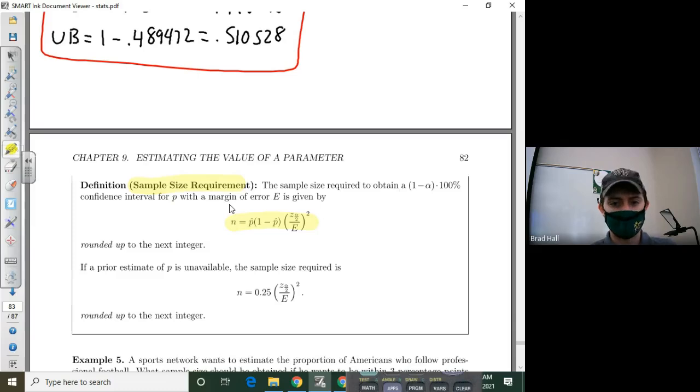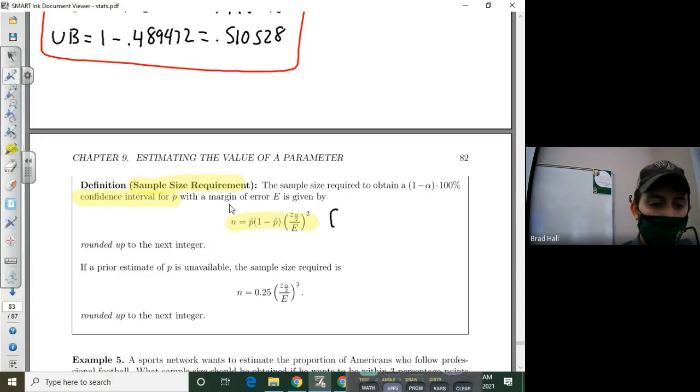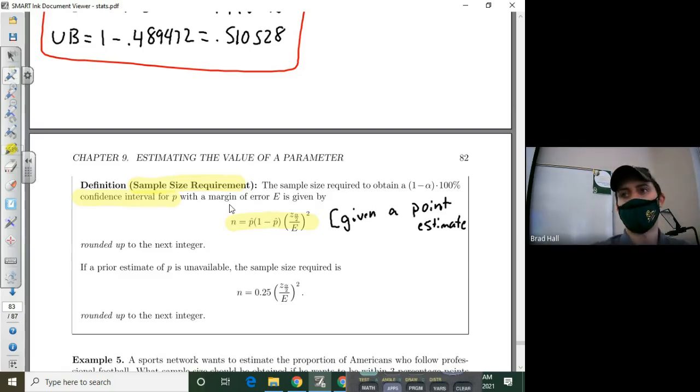And this is if you're given a confidence interval for P with a point estimate. So really this is if you're given a point estimate. The next formula is if you're not given a point estimate, which they kind of give you an arbitrary value of 0.25, but then the remainder of the formula follows.